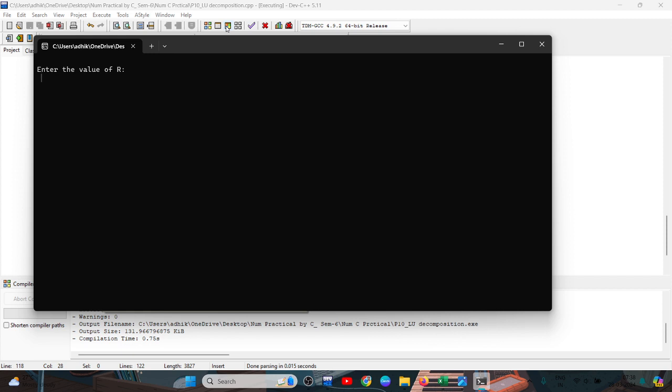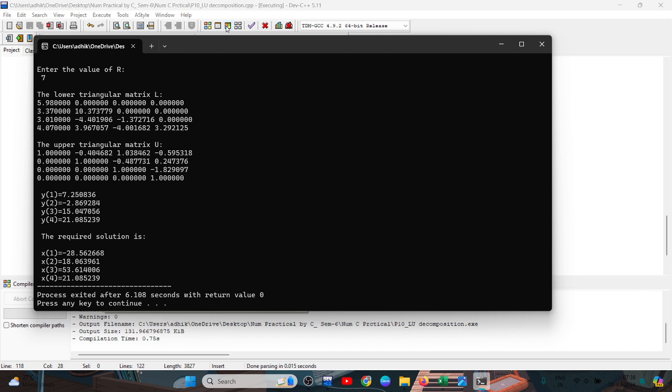Enter the value of n, and put 7. This is the lower triangular matrix L, shown row wise: first row, second row, third row, and fourth row. And this is the upper triangular matrix, where the principal diagonal elements are all 1 and below the principal diagonal all are 0.